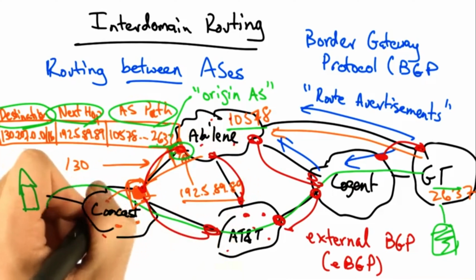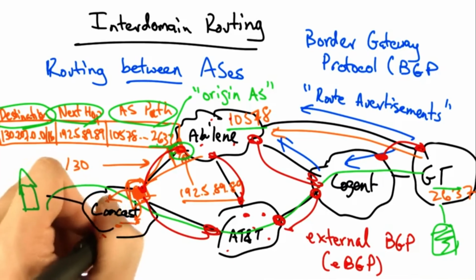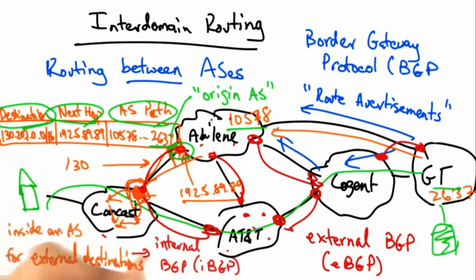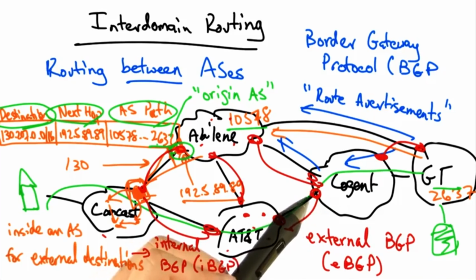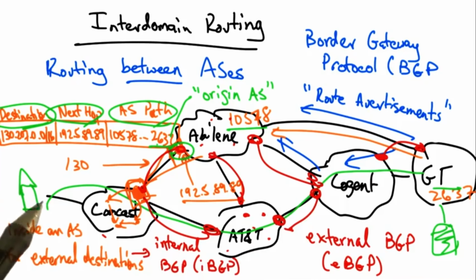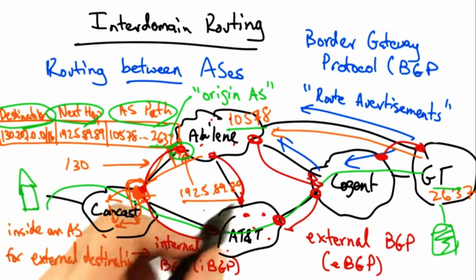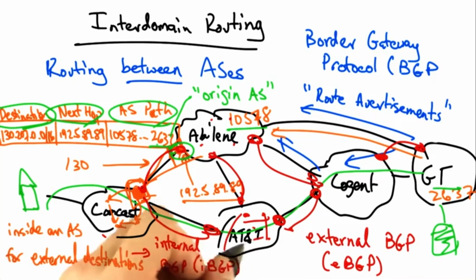The protocol that is used to transmit routes inside an autonomous system for external destinations is called internal BGP or iBGP. Okay, so to review, external BGP is responsible for transmitting routing information between border routers of adjacent ASs about external destinations. And internal BGP is responsible for disseminating BGP route advertisements about external destinations to routers inside any particular AS.